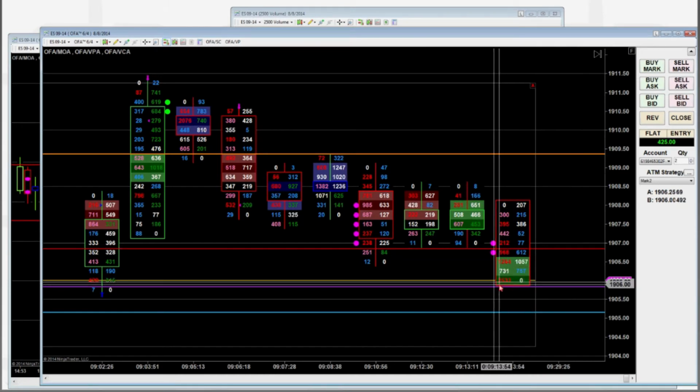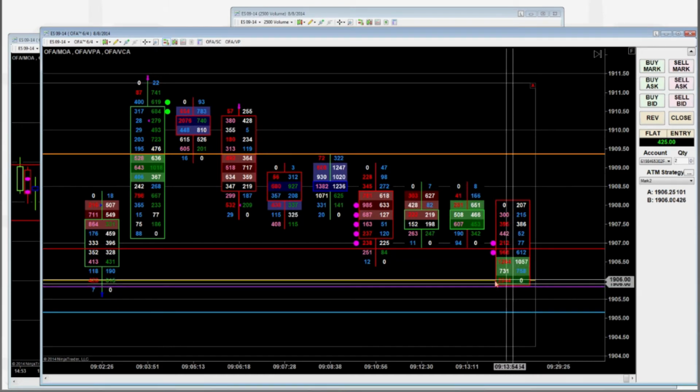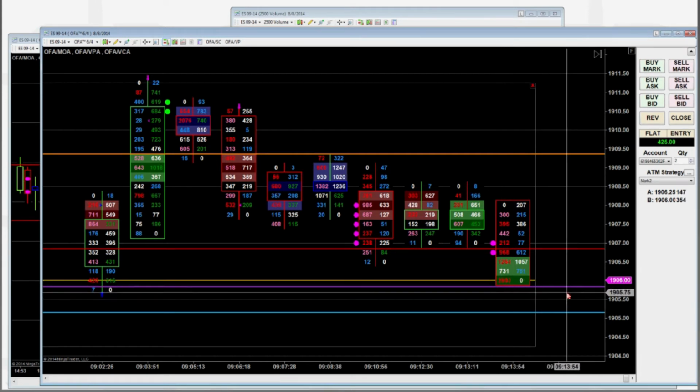So I'm looking at the print. I see 25.44 down here, and that's pretty significant. 26 now, 26.05. That's very heavy at the bid. Very, very heavy. But if it doesn't move, what does that tell you about all the sellers at 1906?